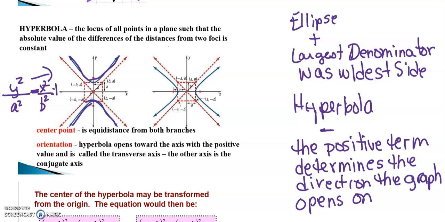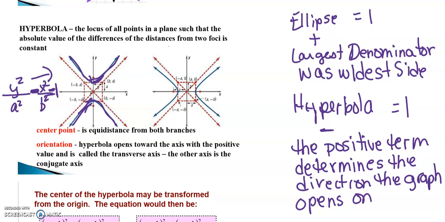We have a minus between them, but the positive term, this first term, tells you how the hyperbola is opening. It's opening on the y. And remember, the hyperbola is just like the ellipse in that it has to equal 1. They both have to equal 1.